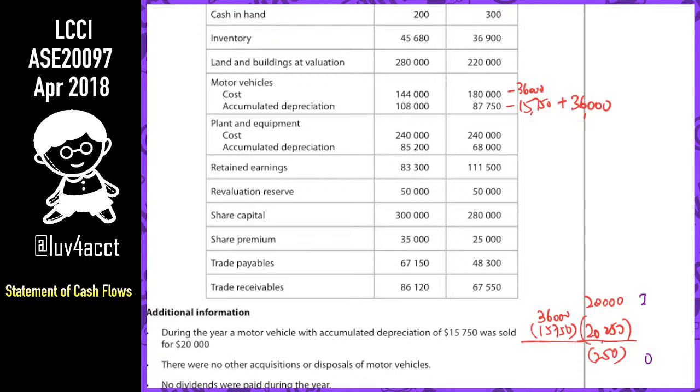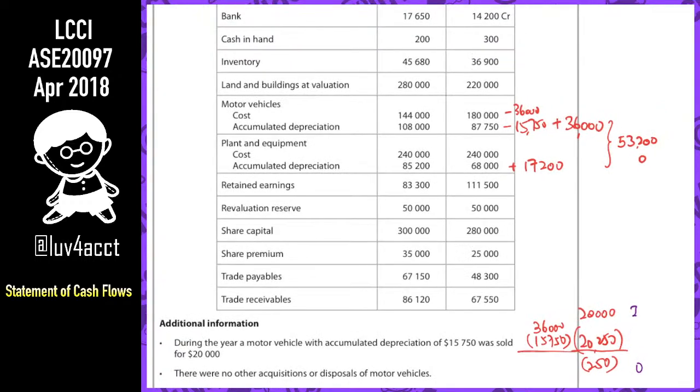And then we have plant and equipment. No purchase. So 68 minus 5, that is 17200. The two added together, you have depreciation of 53200 in operating activities.